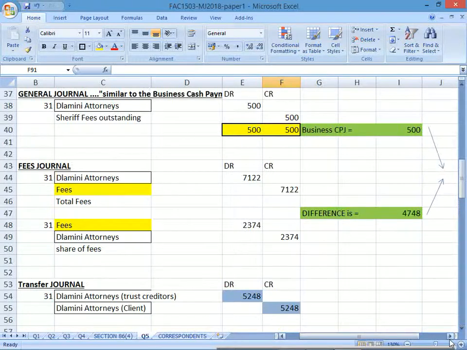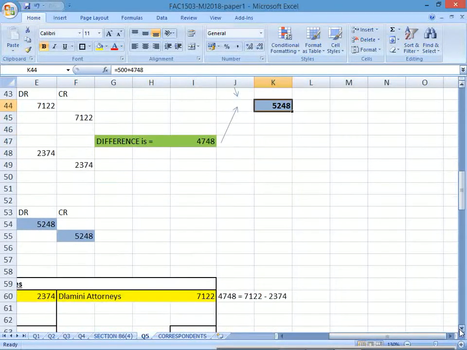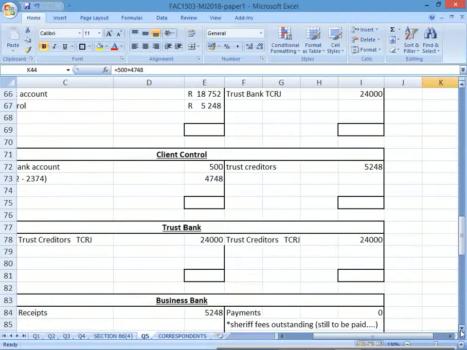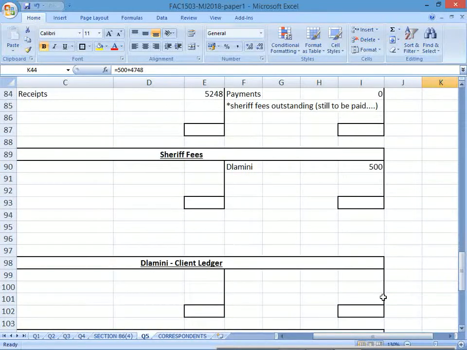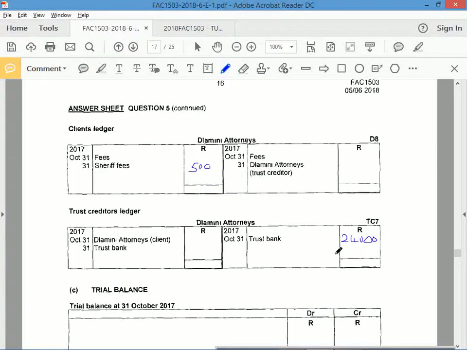The 5248. 5248, 500, 5248. Okay, the fees, what figure do we need to record there?